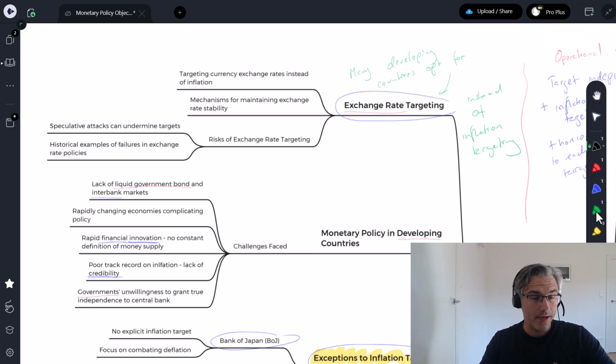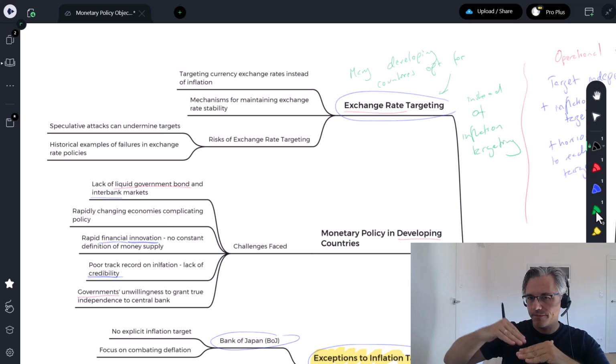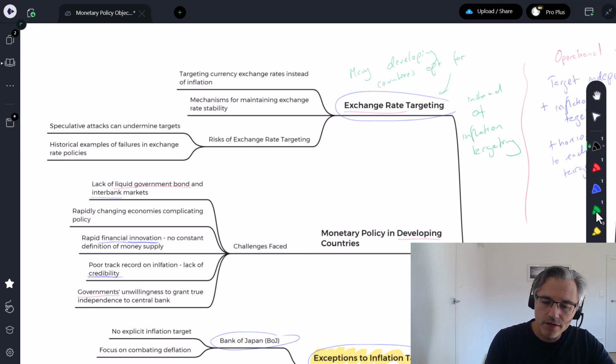The central bank sets a fixed level, or perhaps a band, so a corridor, for the exchange rate of that domestic currency against a major currency. So very often you try to keep a stable exchange rate against, for example, the US dollar being the world's most dominant developed currency.